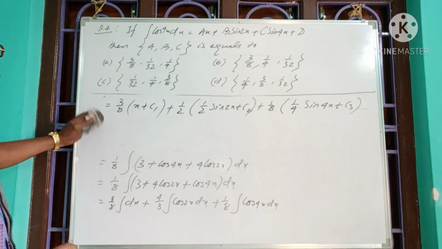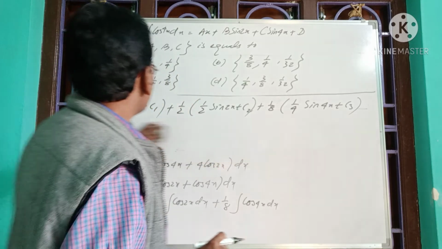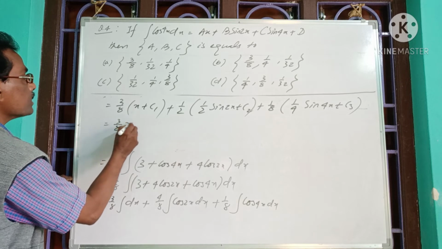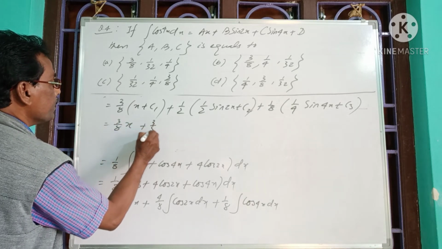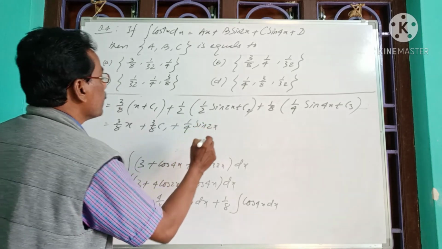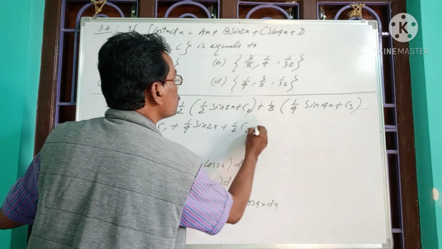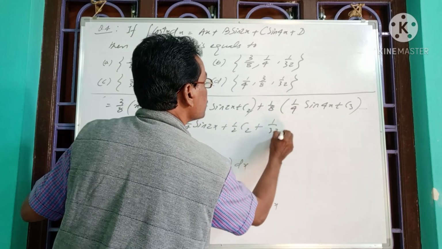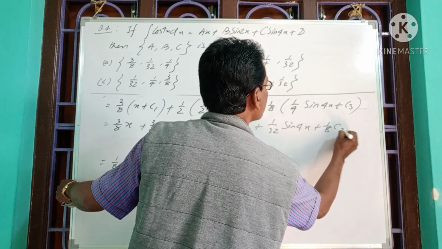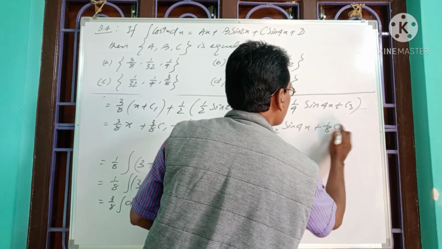So the integration is over now, but collecting all the functions and constants, it will give us 3 by 8 into x plus 3 by 8 c1 plus 1 by 4 into sin of 2x plus 1 by 2 into c2. Again it will give us 1 by 32 into sin of 4x plus 1 by 8 into c3.